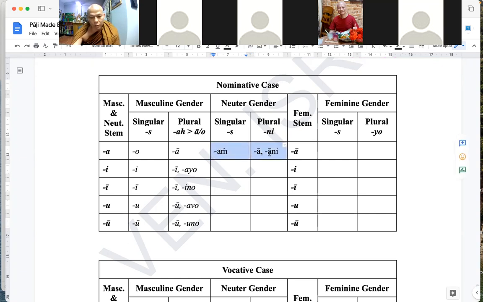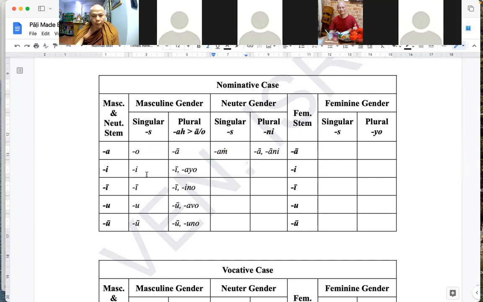When you summarize in this way, we can understand how the nominative case is formed in masculine, in neuter, and in feminine. In this way we can compare and remember easily. So that is one, just to summarize it.